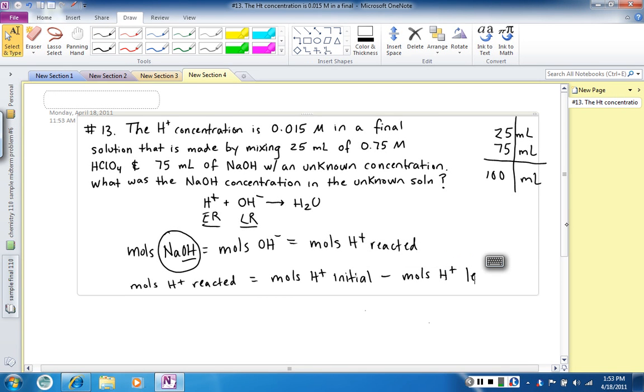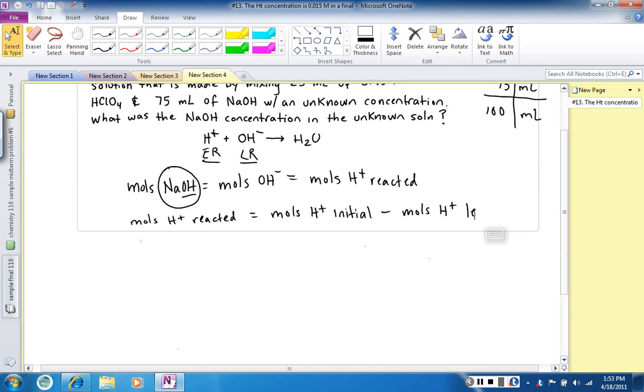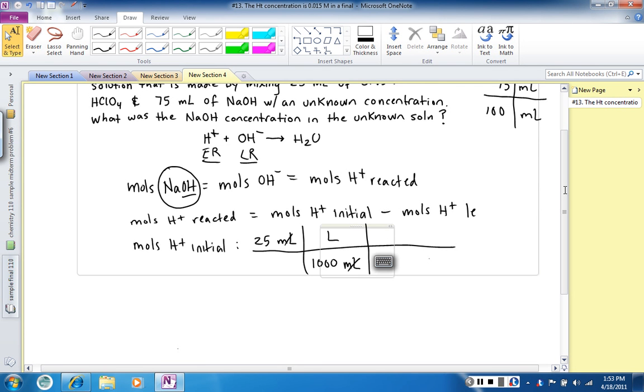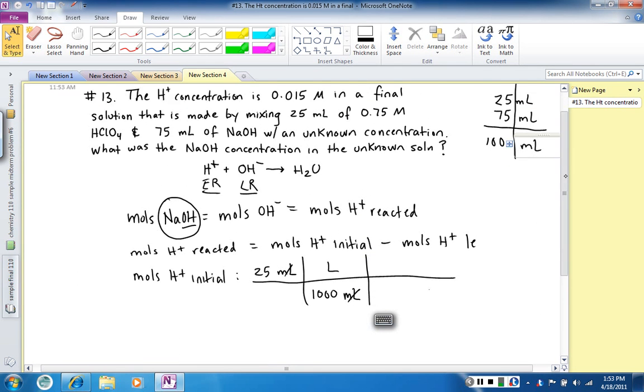So let's figure out our moles of H plus initial, and it tells us that we have 25 milliliters. Now we don't want it in milliliters. You want to get it in liters whenever you're dealing with molarity. It tells us the concentration up top here is 0.75 molar.